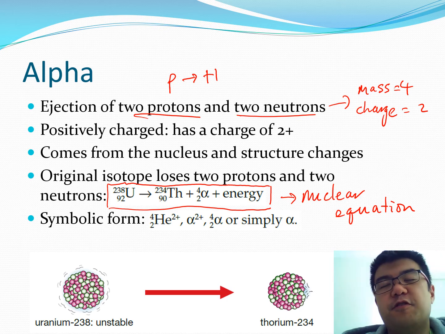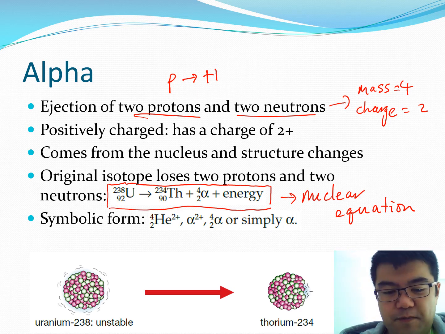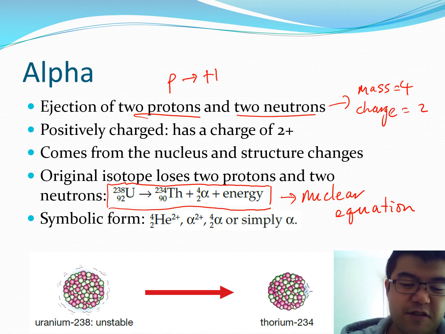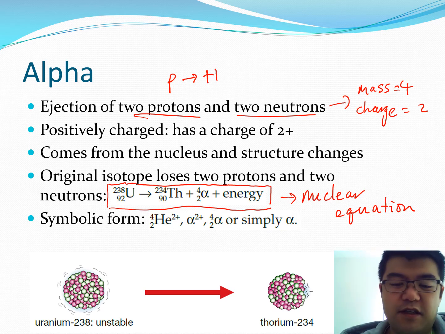Now, when you are first doing this, what you should always do is figure out the atomic number first, not the mass number. That's really important. Do the atomic number first, because that tells you which element you have. I'll go through this in a little bit more detail later, but make sure you go and do the atomic number first.